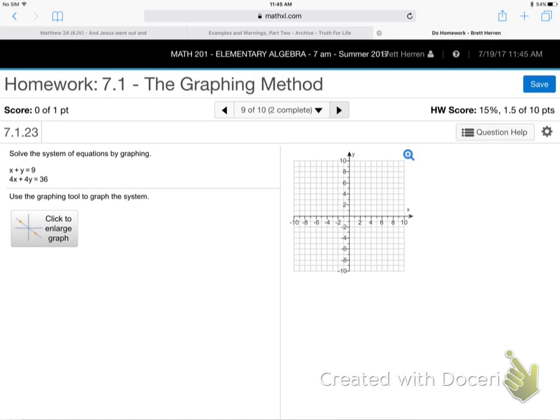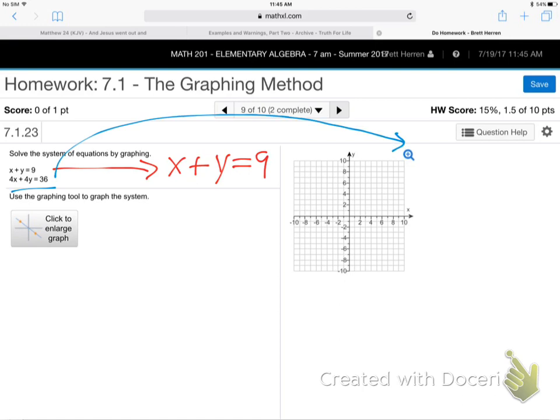Okay, let's try this one. This is a valuable one. It goes x plus y is 9 for the first equation. 4x plus 4y is 36 for the second equation.